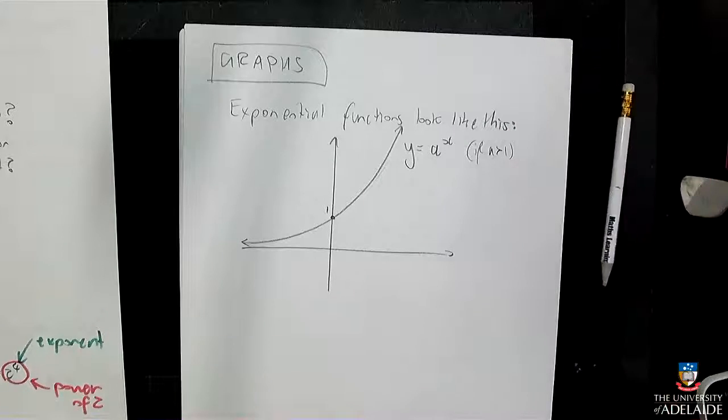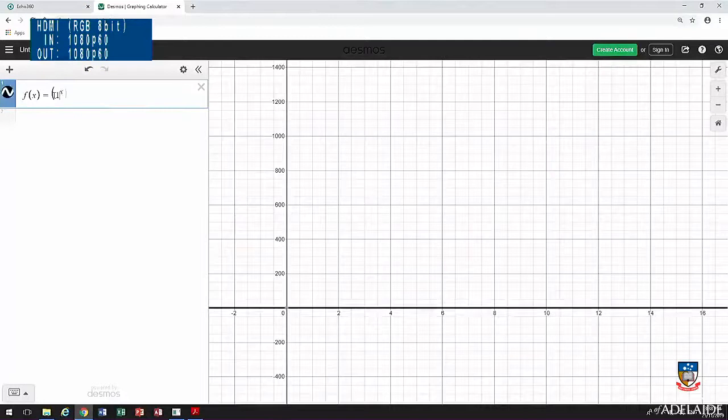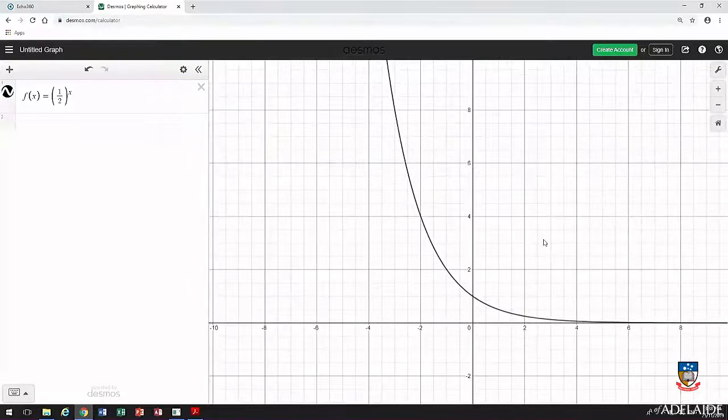If the a is less than 1, we go back to the computer. Watch what happens when I put in a half to the power of x. Aha, that's in the reverse order. But I guess that makes sense. If x goes up by 1 means you multiply by a half, it'll get smaller on this side. And dividing by a half is increasing on this side.